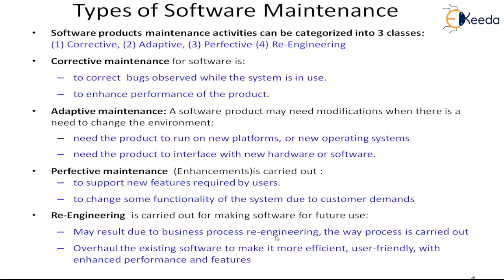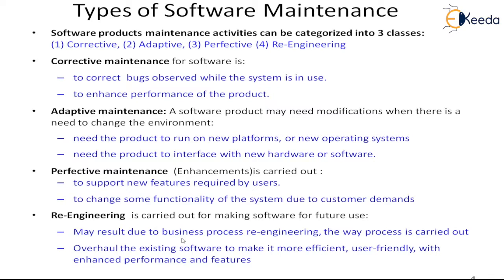That means the way they were doing the business has changed. The process, the activities have changed. The sequences have changed. The way they interacted with their different entities has changed. Or maybe the forms have changed, or some regulation has changed. So they cannot carry on with the existing software. The existing software has to be re-engineered or rewritten.